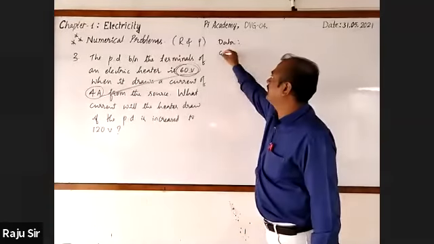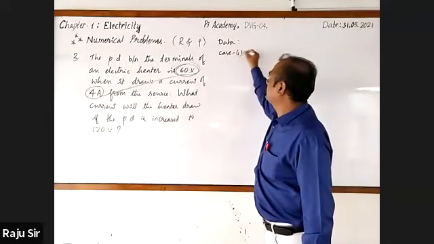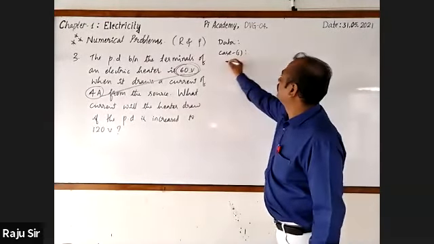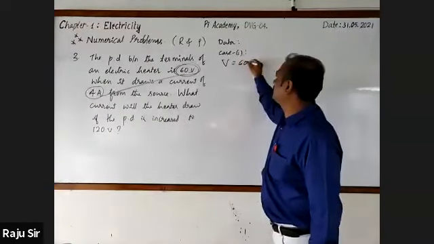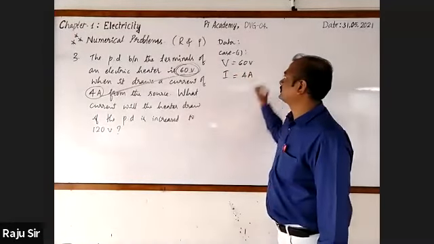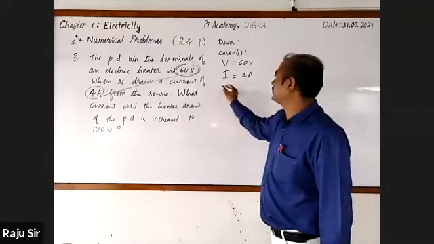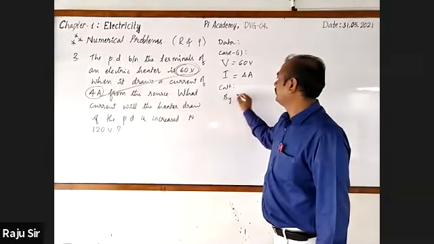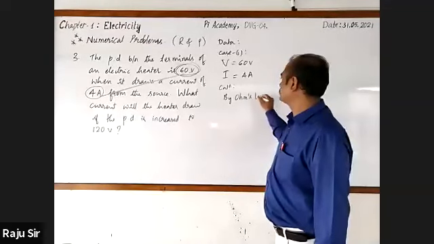That is case 1. Voltage V is equal to 60 volt and I is equal to 4 amps. Directly go for calculation, by Ohm's law.